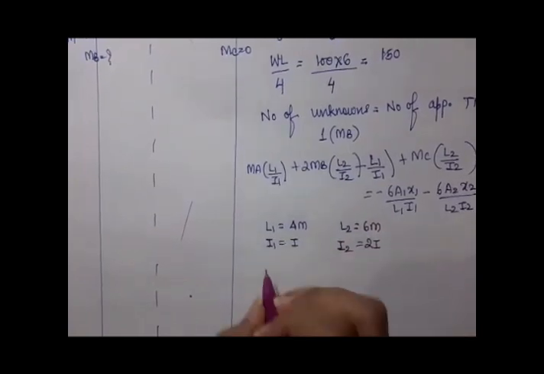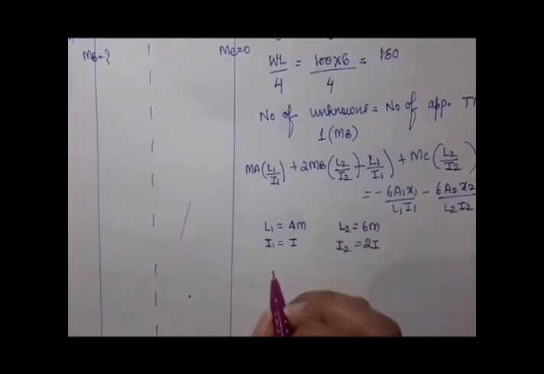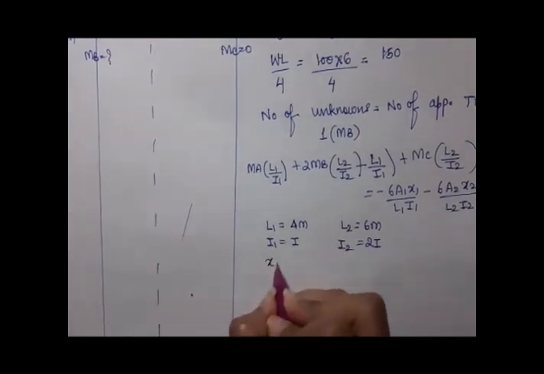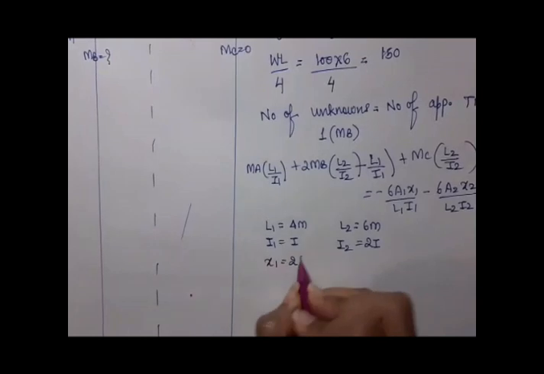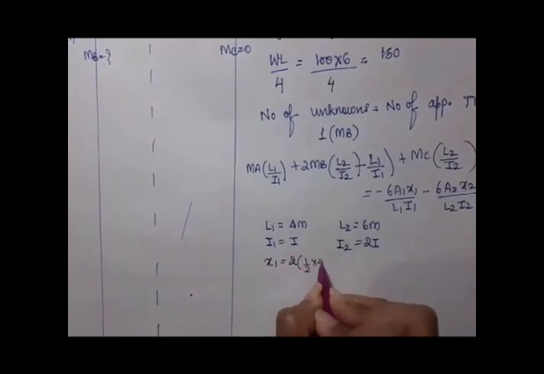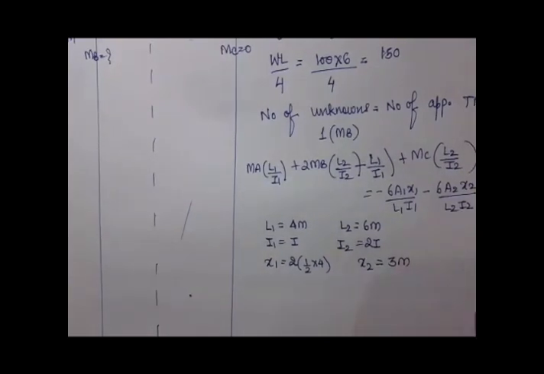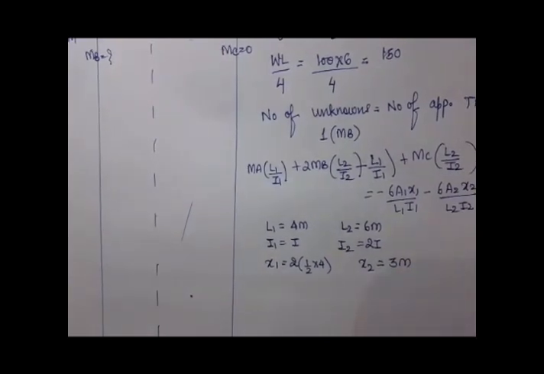Now since it is a symmetrical diagram, that is having the equal distances, x1 will be 2, that is half of 4, and x2 will be 3 meter, since total is 6 meter and the load is placed on equal distance, so it would be 3 meter.